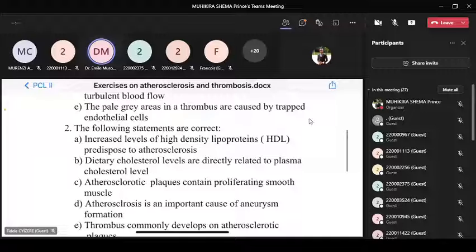They are due to the presence of fibrin, which is an insoluble protein. So it is not endothelial cells, it is fibrin.